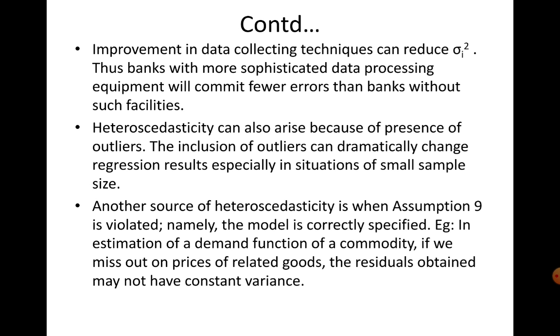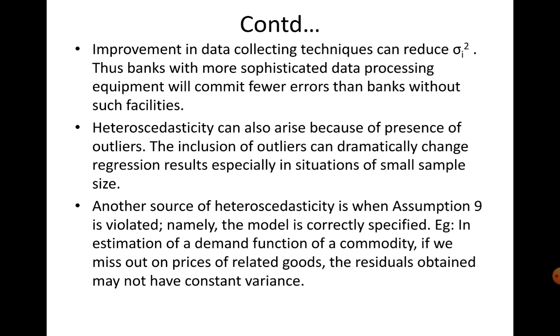We know that the larger, multinational company type banks have more sophisticated data processing equipment, and we would expect them to commit fewer errors than banks without such facilities. So again, you can think of models related to banking behavior or the behavior of banks in the money market and so on, where the sigma i square, or the variance of the error term, is not constant.